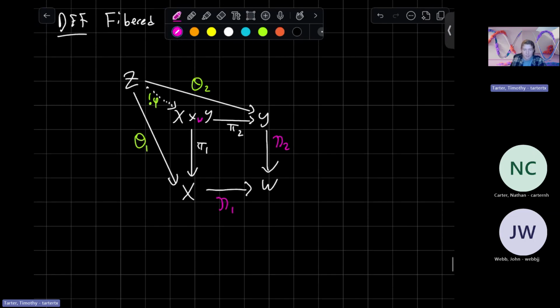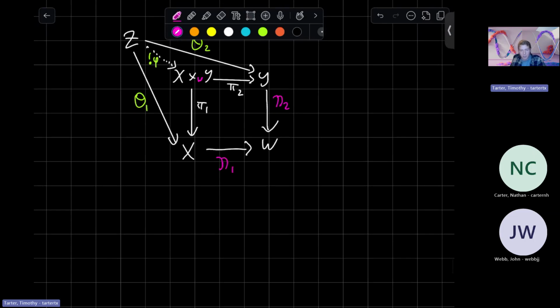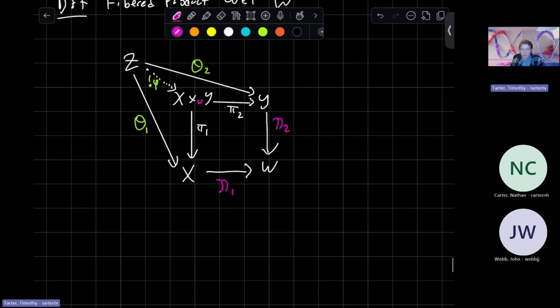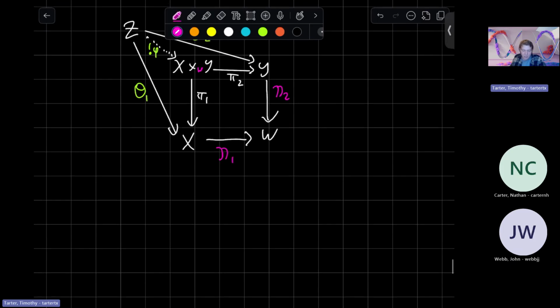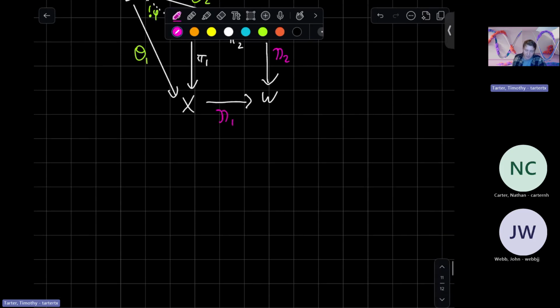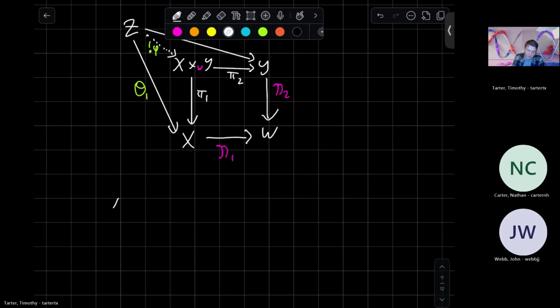And we're going to define the fibered product over W as all of the pairs in the product such that eta 1 of x is equal to eta 2 of y. And this is also a universal diagram.